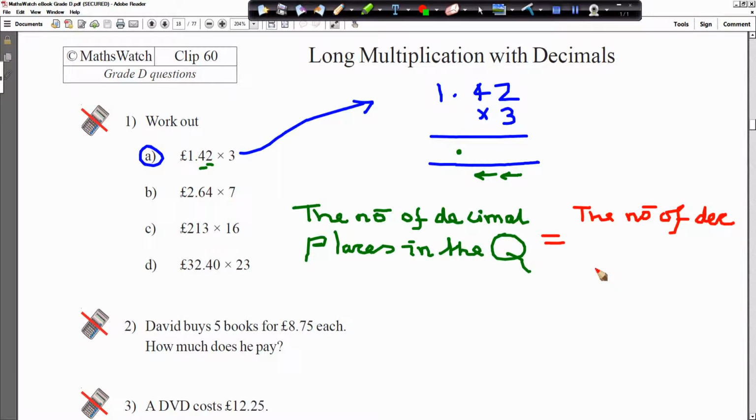Remember, it's the decimal places and not decimal points. So as we mentioned here, in this number here, 42, we have 2 decimal places.